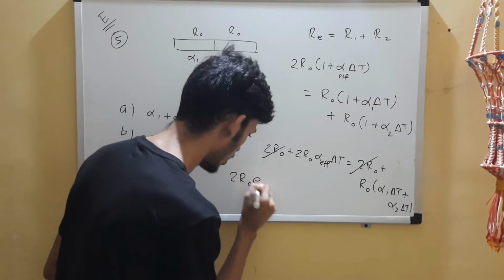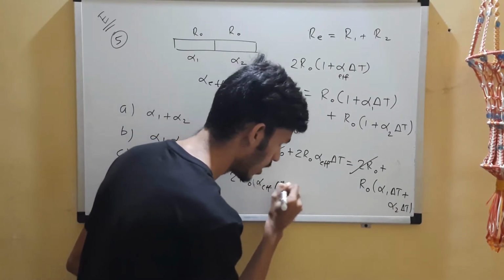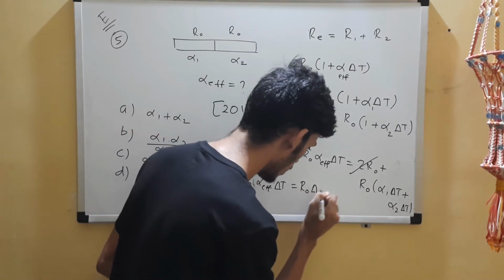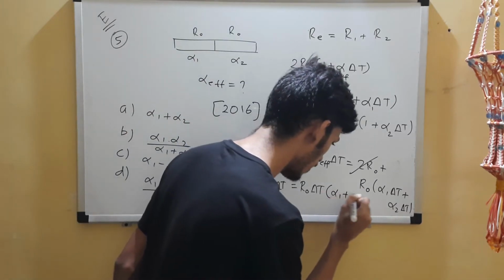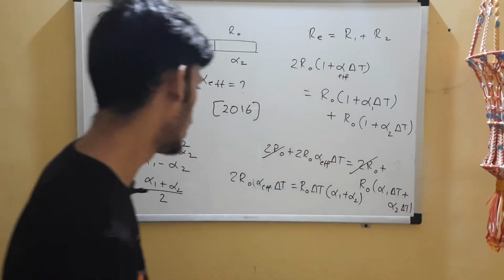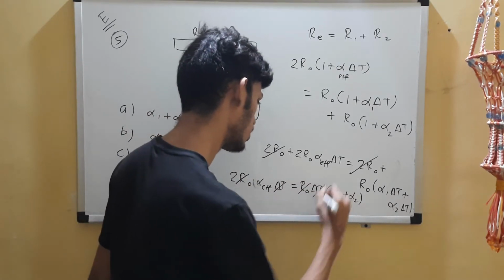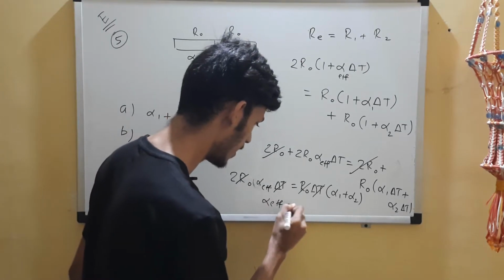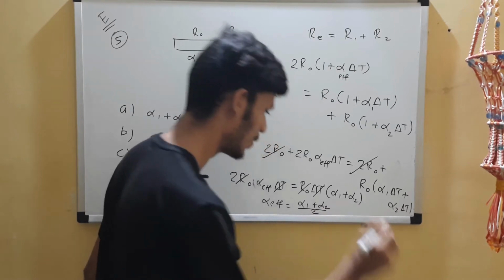What is left? 2R0 alpha effective into delta T equals, here delta T also can be taken common. So here R0 into delta T, we have alpha 1 plus alpha 2, right? So again you can see R0 will get cancelled, delta T will also get cancelled. You can see that alpha effective will be alpha 1 plus alpha 2 by 2, right?